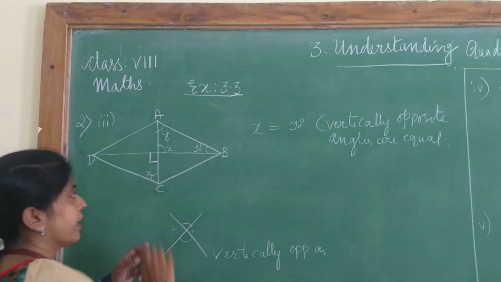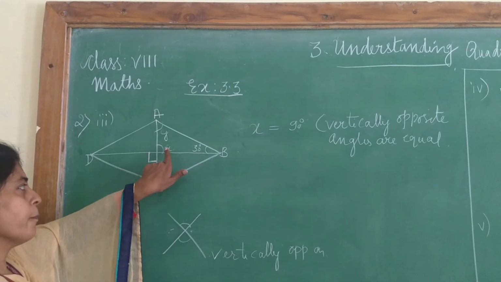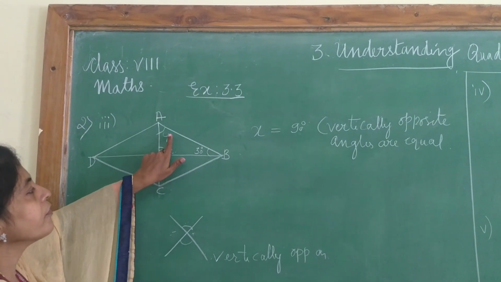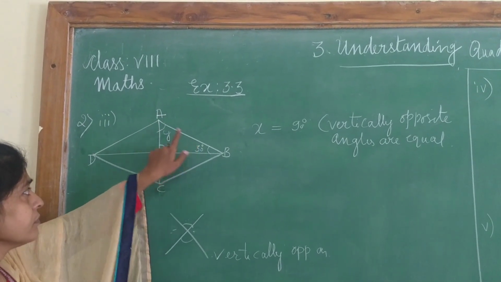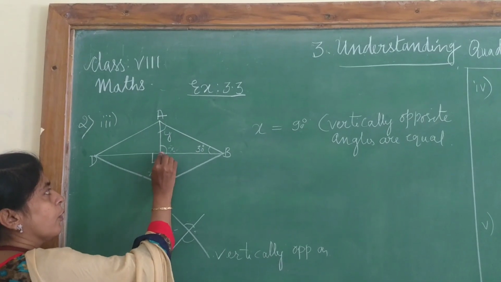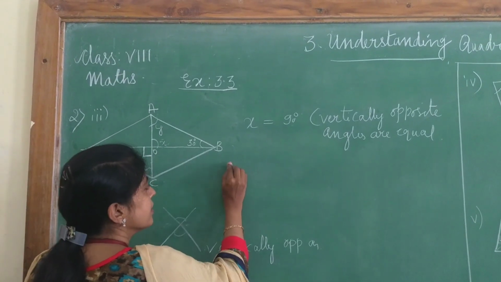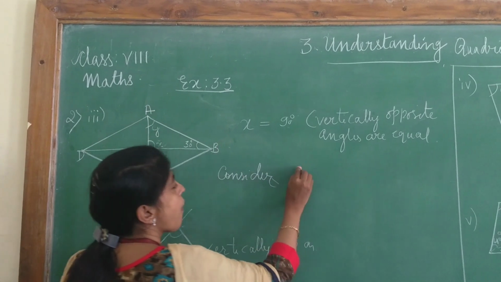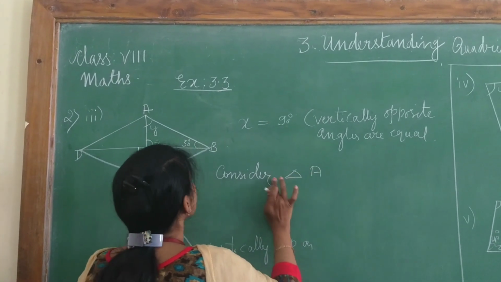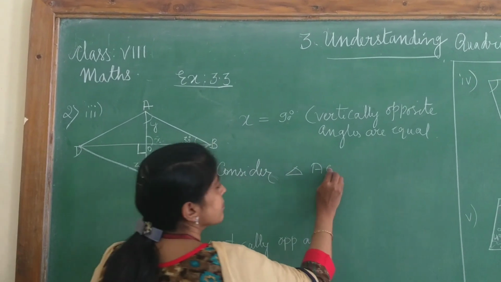As we know x now, once we know x, we can find y, because you can see this is a triangle. If I name this O, I will consider triangle AOB.